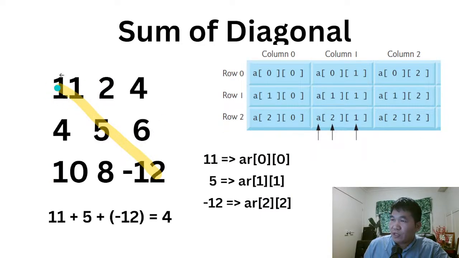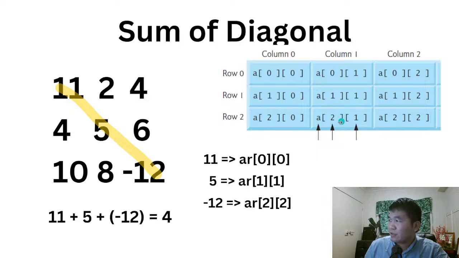If we want to access these elements, we have to write array 0 index for row and 0 index for column, so we can access this element. For this element number 5, we have to write the first index for row and the first index for column.